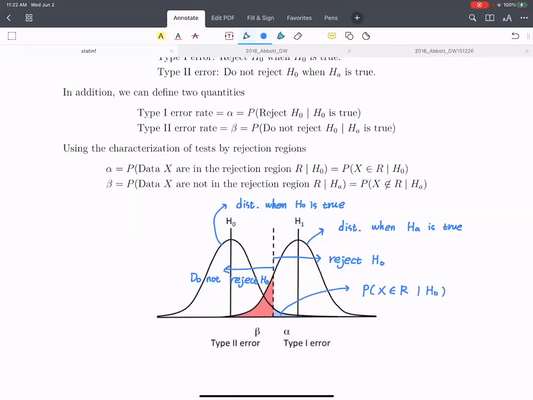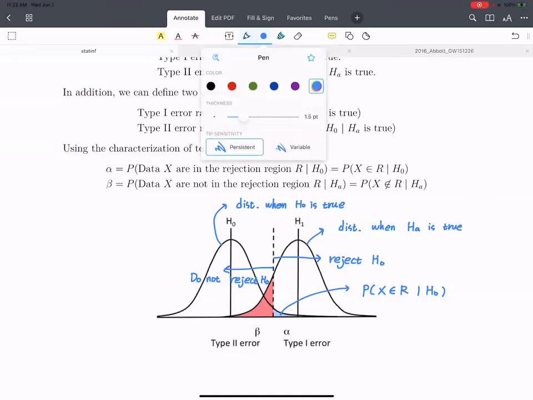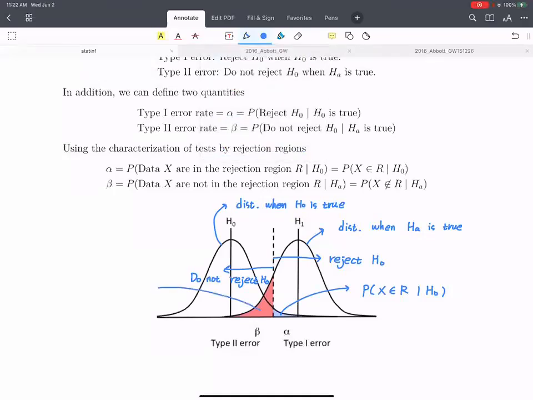I mean, when the null is true is represented as the distribution on the left-hand side, and the rejection region is toward the right-hand side from the dashed line. So this is the probability of committing type 1 error.